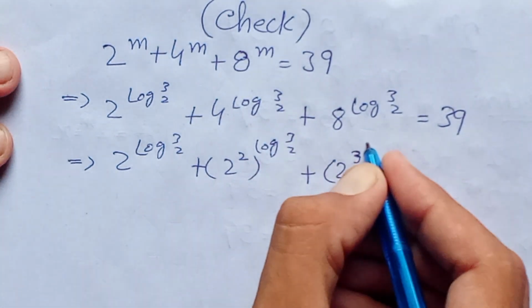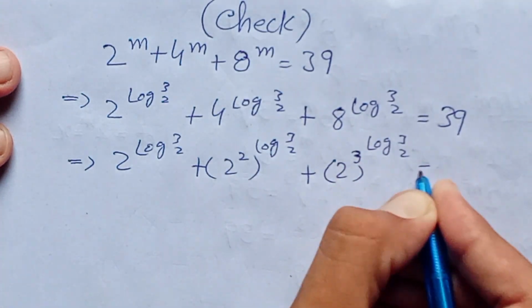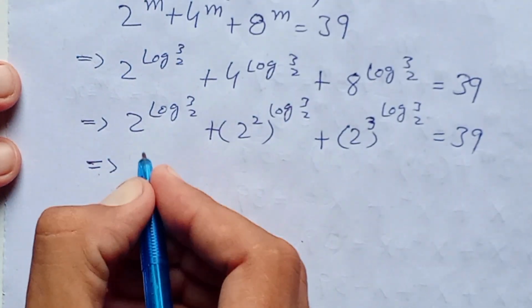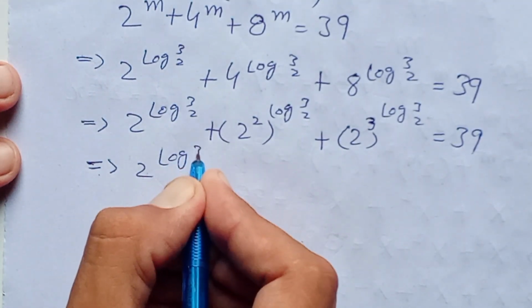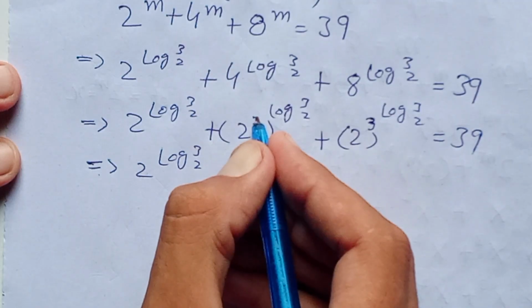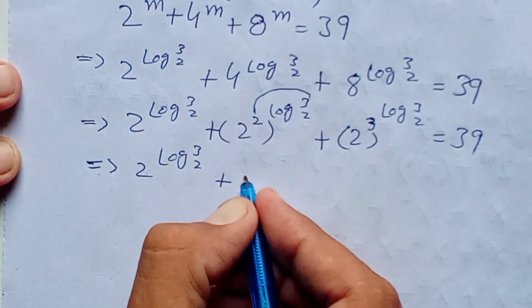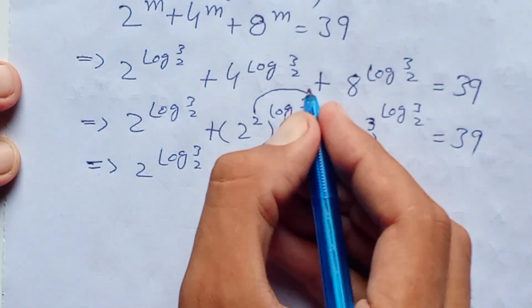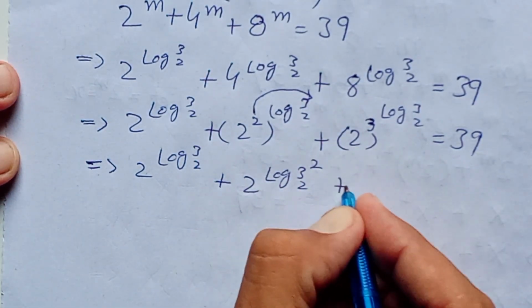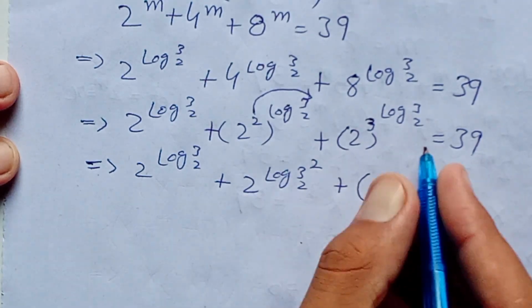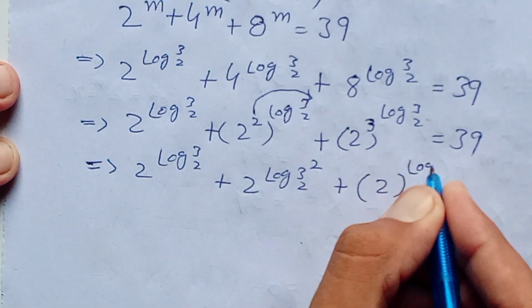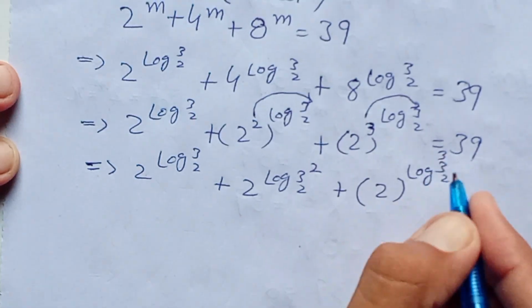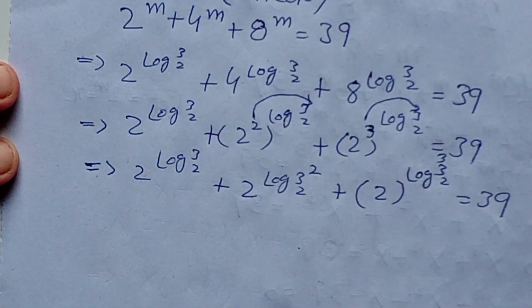Then the exponent moves out, so 2 to the power log 3 base 2 gives 3, and so on, and I can write 3 here, is equal to 39.